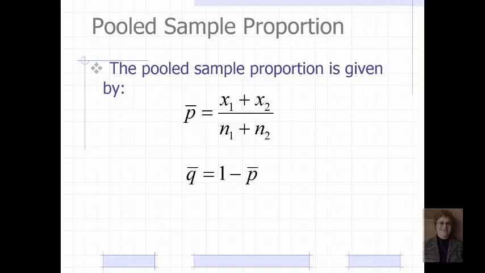So we are adding P line, a pooled P and a pooled Q. So let's just talk about those just a little bit. Our pooled P is going to be the total number of successes over the total number of trials. And we do this because if the null hypothesis is true, there aren't two populations, they're just two samples from the same population.